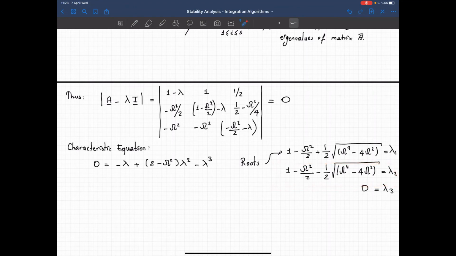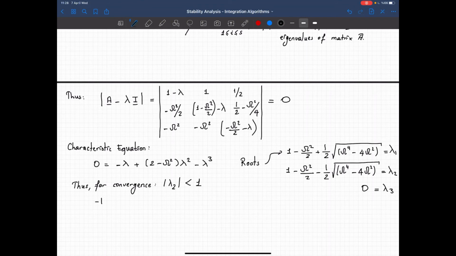Now the critical eigenvalue here is this one. The absolute value of this second eigenvalue will always be larger than the first. So for the condition for convergence, the absolute value of lambda 2 should be smaller than 1.